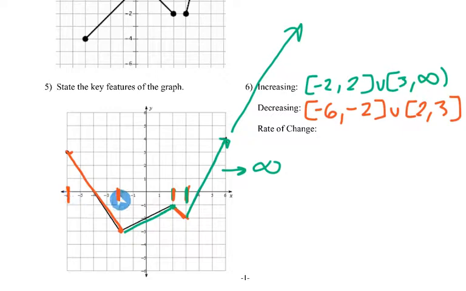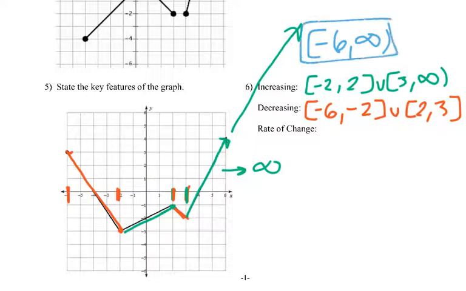I go decreasing to increasing to decreasing to increasing, and together, you know, -6 to -2, -2 to 2, 2 to 3, 3 to infinity. Okay, if I were to write the domain, it would be -6 to infinity. It would fill up all the domain because it's continuous in increasing and decreasing.